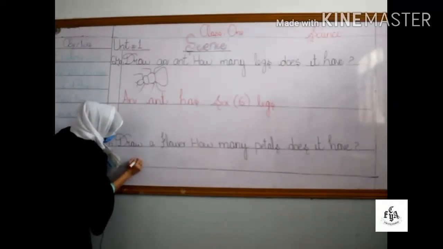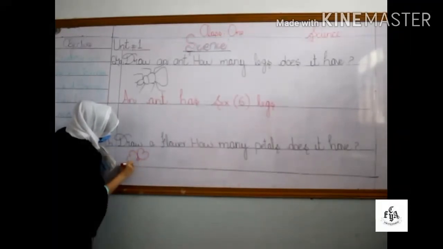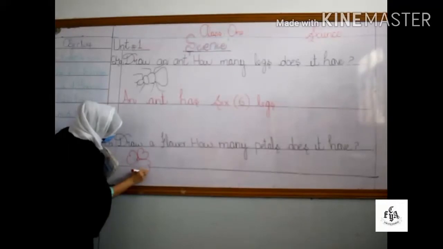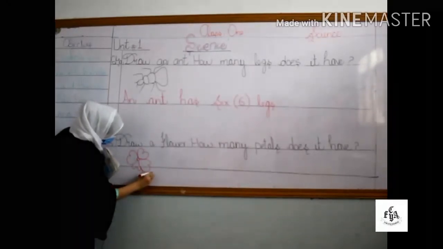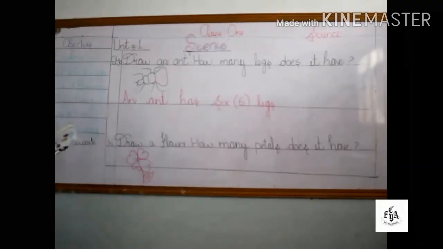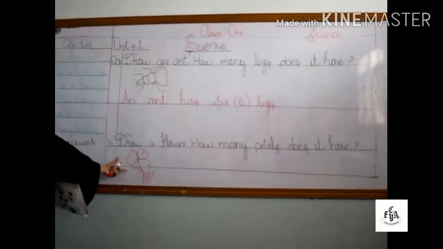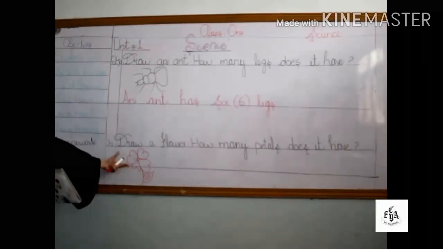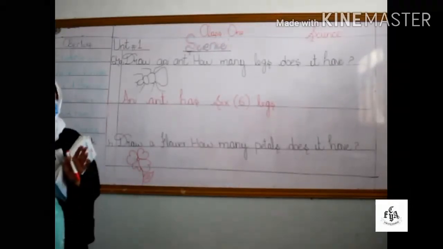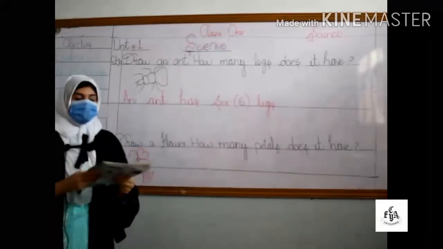Let me draw a flower. 1, 2, 3, and this is 4. How many petals does it have? It depends on the size of flower. It doesn't matter that all flowers have 4 petals. Clear?